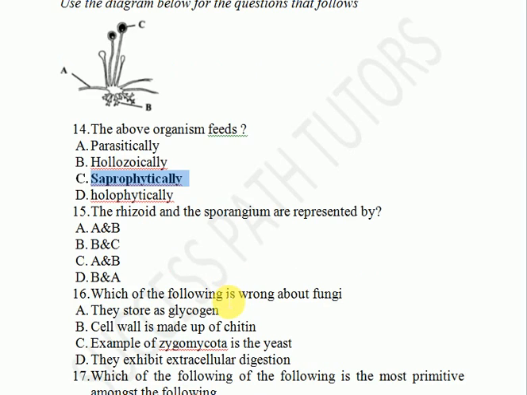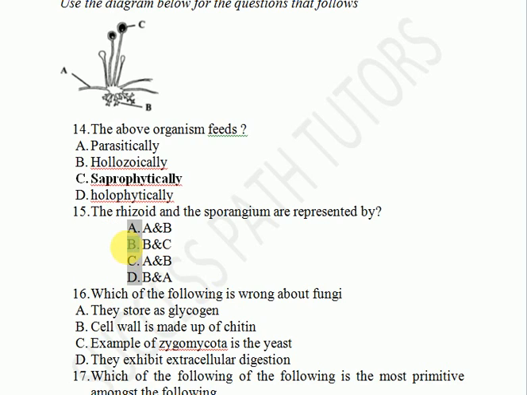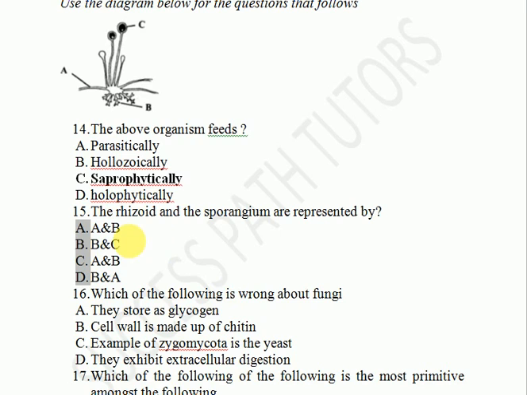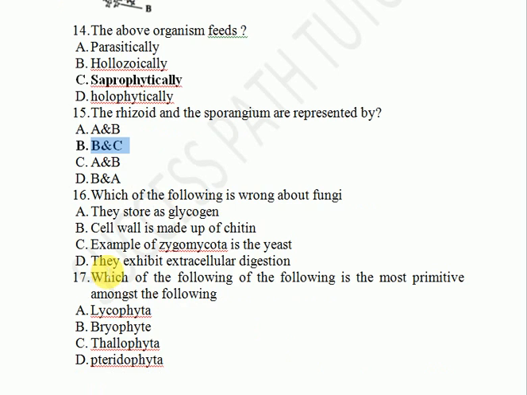The rhizoid and the sporangium are represented by what and what? That would be B and C. Which of the following is wrong about fungi? They store food as glycogen, that's correct.